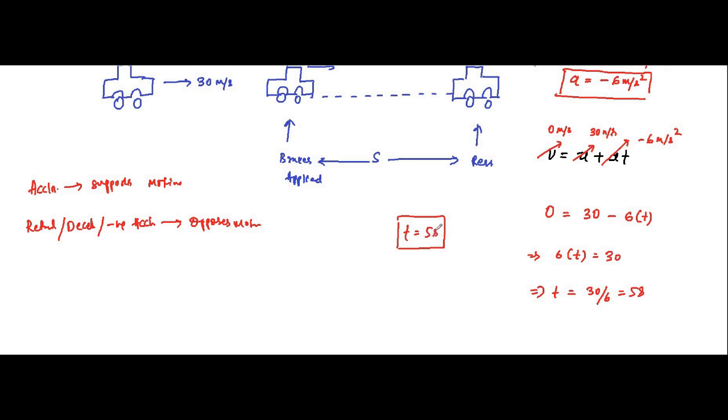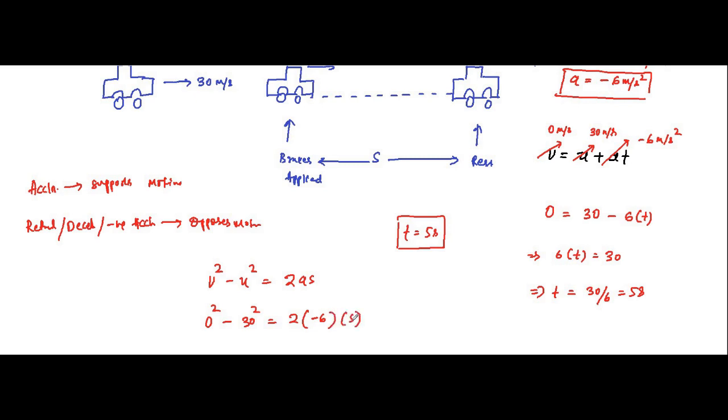Now, in order to determine the distance which it has travelled, we will be using the formula v square minus u square is equal to 2as. Here v is equal to 0, initial velocity u is equal to 30, and a is equal to minus 6, it is deceleration or retardation, that's why it is minus 6.